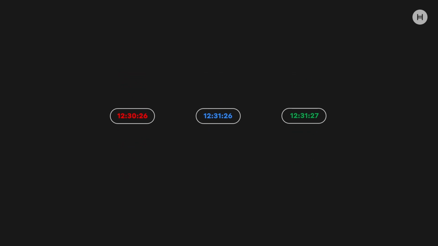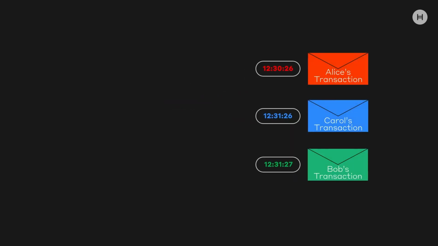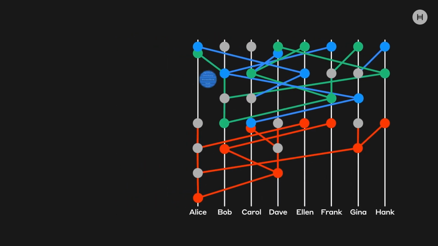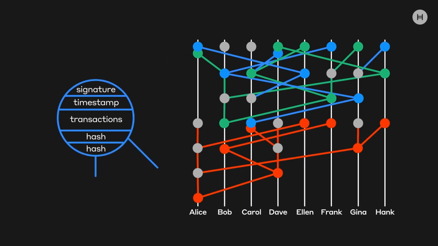And then we take all the median timestamps for all the messages across the network, and we put them in the correct order. And each of these messages, or circles in our case, has the following data. We have the transaction data, we have the timestamp, we have the digital signature, and we also have 2 hashes, for the received message and for the sent message.